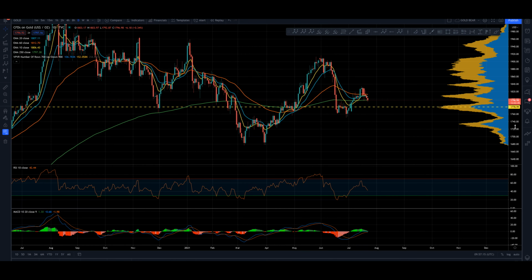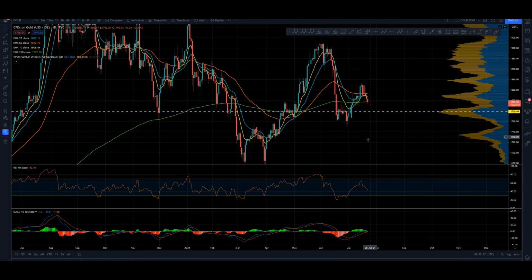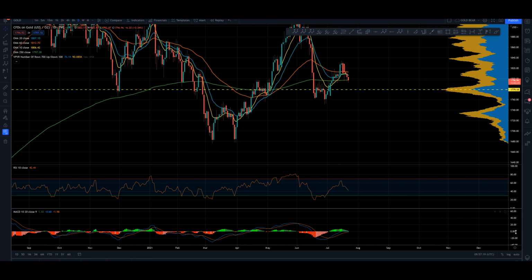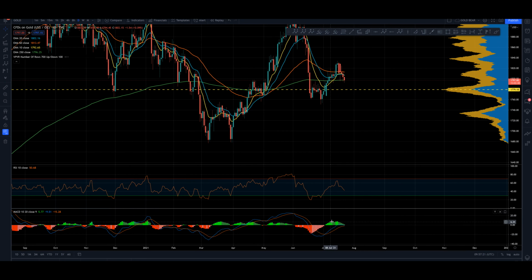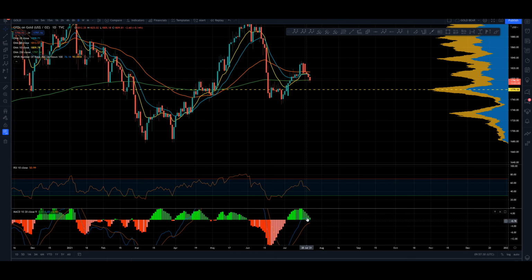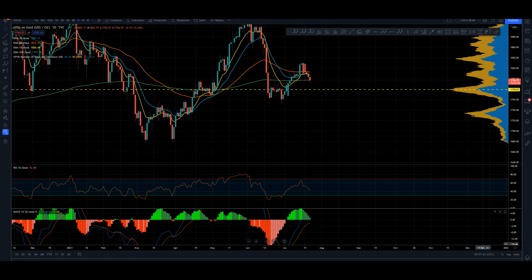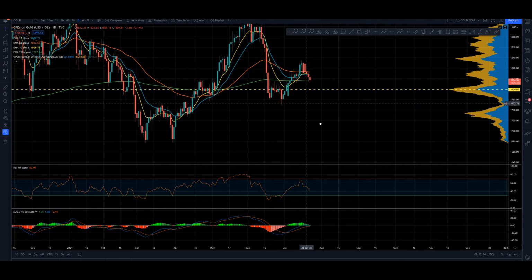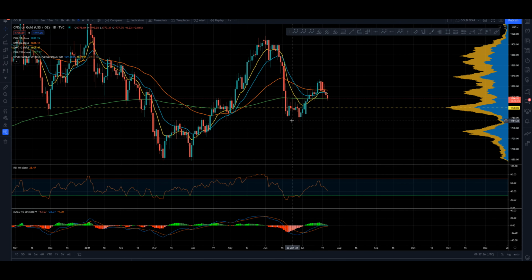Testing that 250 multiple times in several days suggests to me it's going to break. Doesn't have to, just suggests to me that it will. Dying bullish momentum on the histogram here, darker green bars, signal starting to roll over, ready to cross the average. It just feels like it wants to break down.